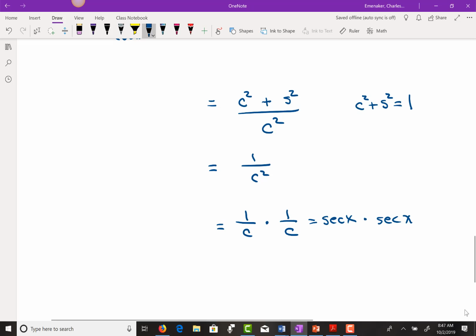Okay. Now remember, off to the side here, just put some kind of little note. Attention, Chuck, here's what's going on. This is what allows me to go from here to there. That's what allows the substitution. Sine squared plus cosine squared equals 1. And this one's done. That's going to be worth about 8 points.